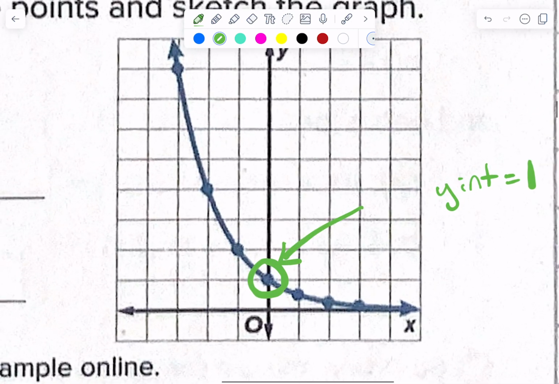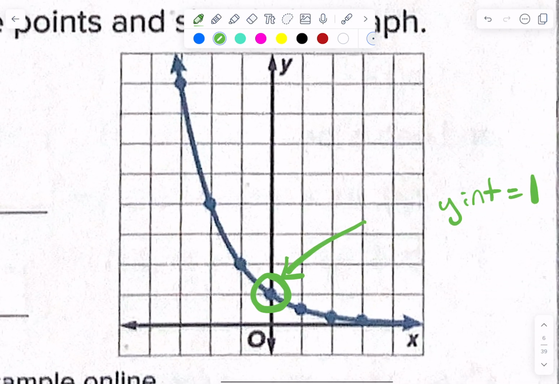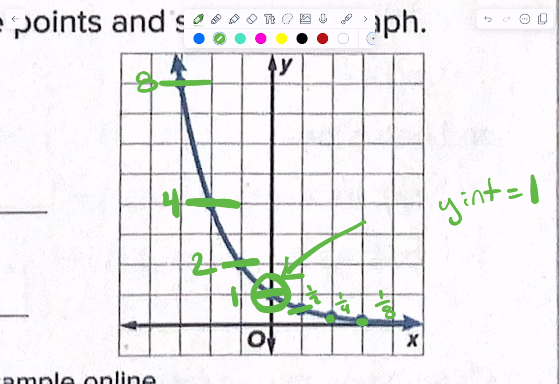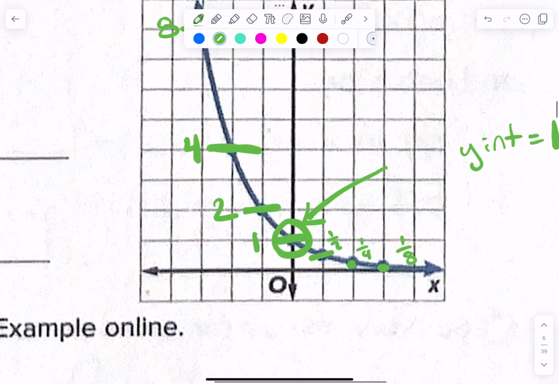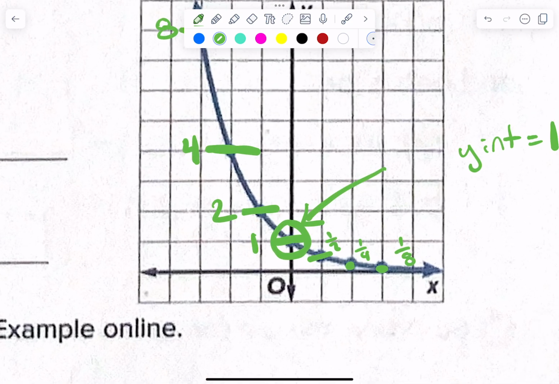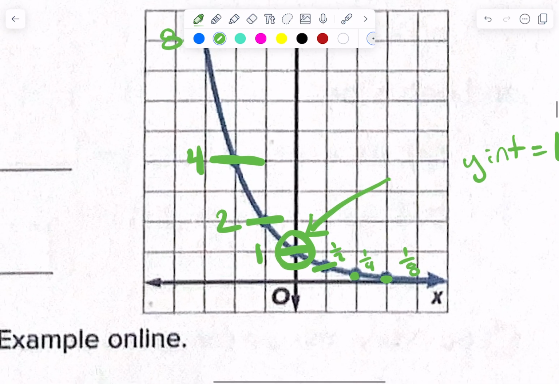So if I plot points, he's going half every time. This is up here at 8. What's half of 8? 4. Half of 4 is 2. Half of 2 is 1. Half of 1 is half. Half of half is 1/4. Half of a fourth is 1/8. And that's how he's going downhill. He is decaying every time. 1/16, 1/32, 1/64, 1/128. Then we can keep going, right?